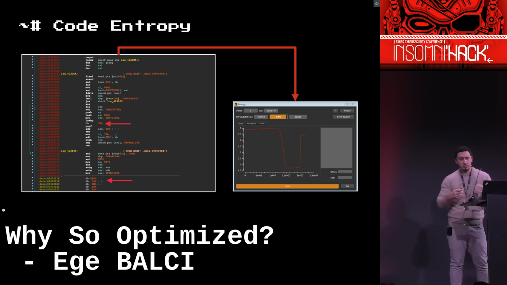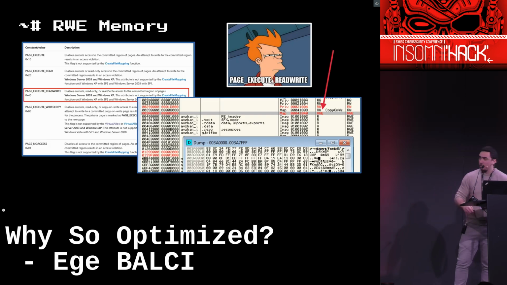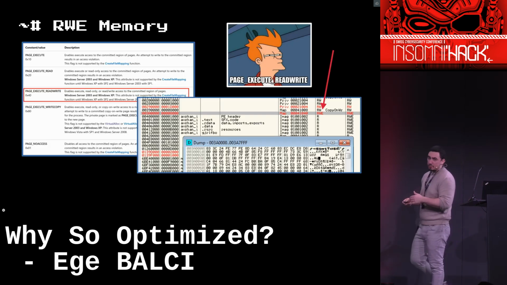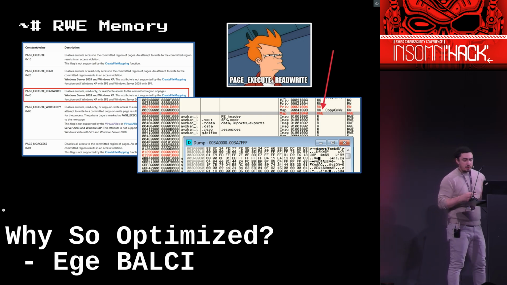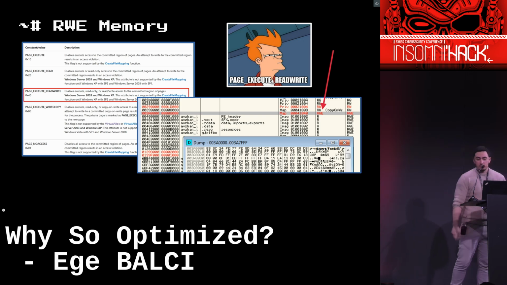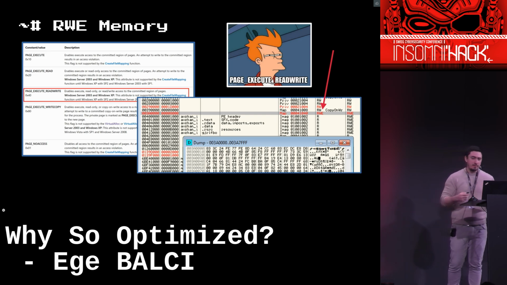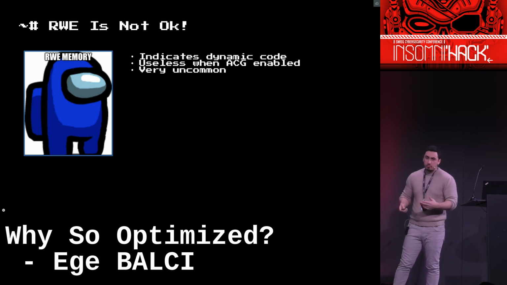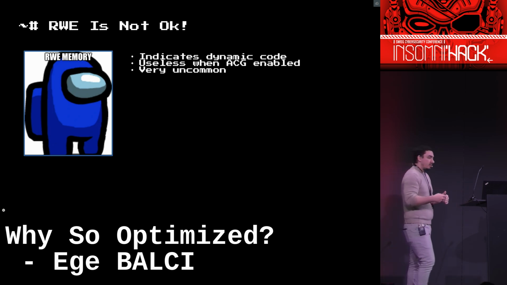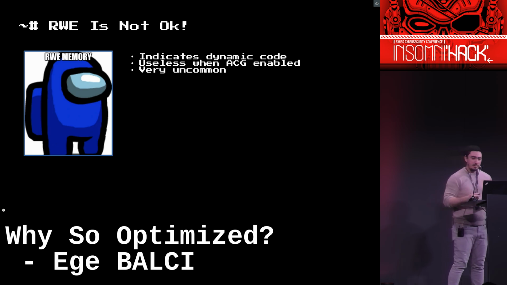The second and much bigger problem is that you have to use read-write-execute memory regions. This can be considered a very suspicious behavioral pattern nowadays. When you allocate a read-write-execute memory region, first of all, it indicates dynamic code. From the start, it looks suspicious. You might be trying to hide something.